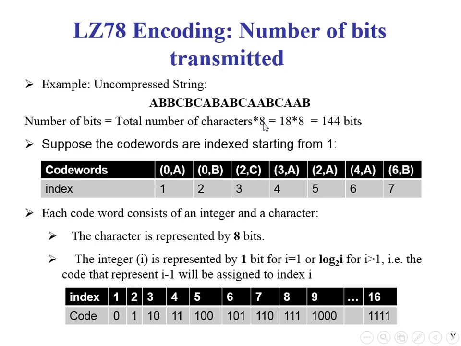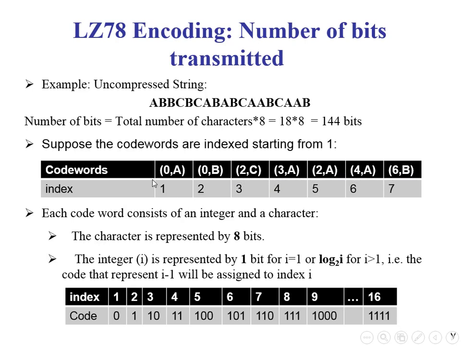This 8 is the number of bits that represent the ASCII code of each character. Therefore, the number of bits that represent this stream of characters will be 144 bits. So let's suppose the code words that we already transmit instead of this stream of characters. We have 0A, 0B, 2C, 3A, 2A, 4A, 6B.